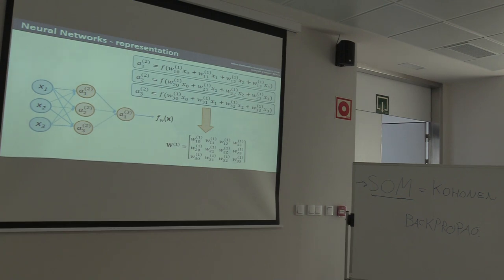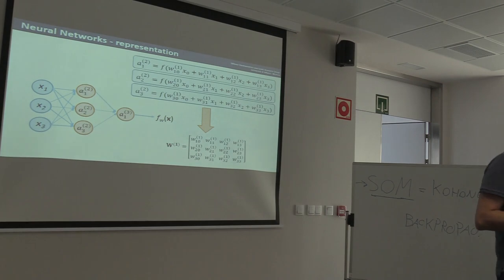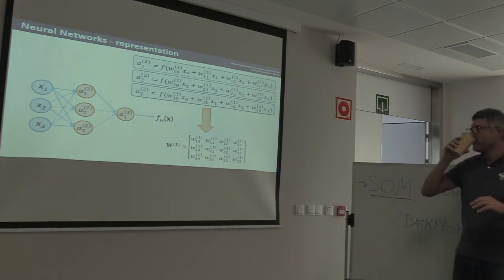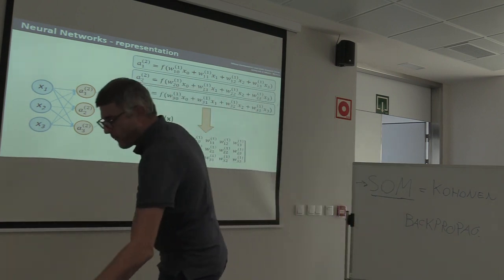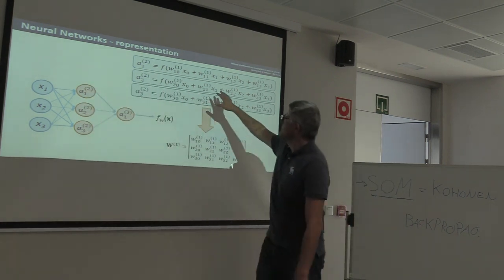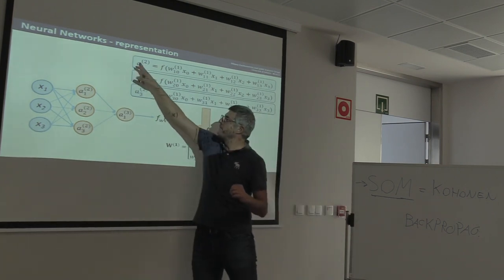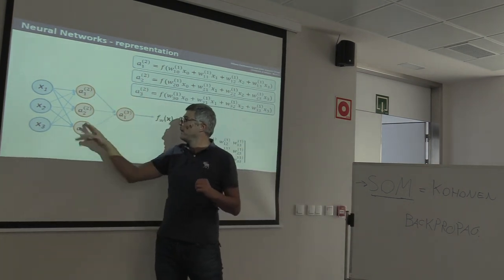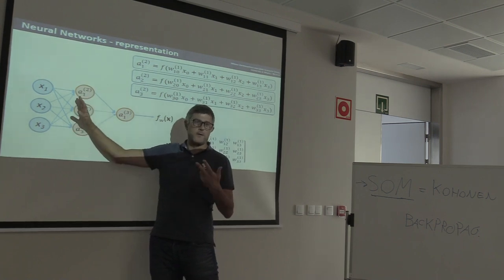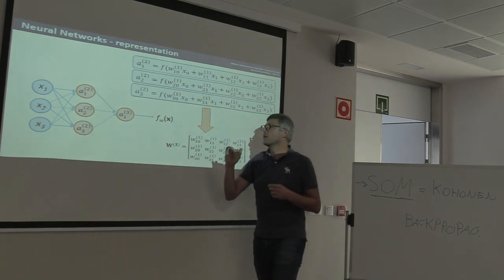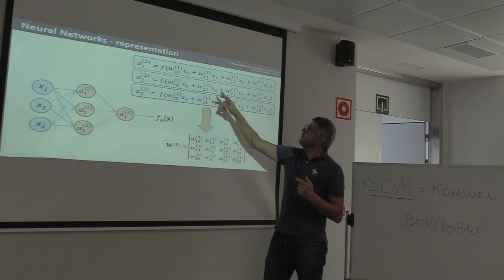This is just a representation of what we have seen so far. It's nothing new. These are the three activation functions that we get for the neurons in the second layer, which is the hidden layer, and these are all the linear combinations.